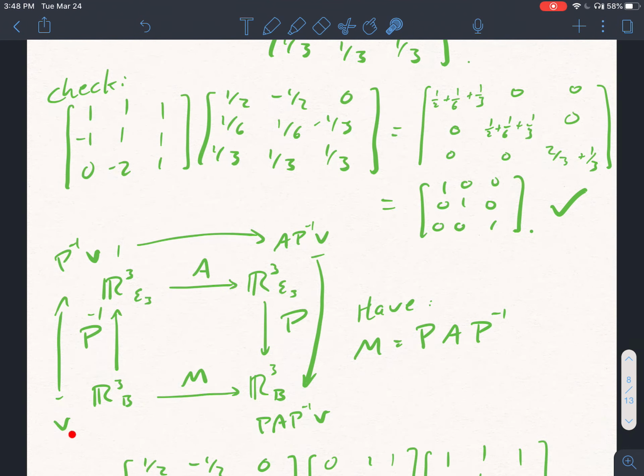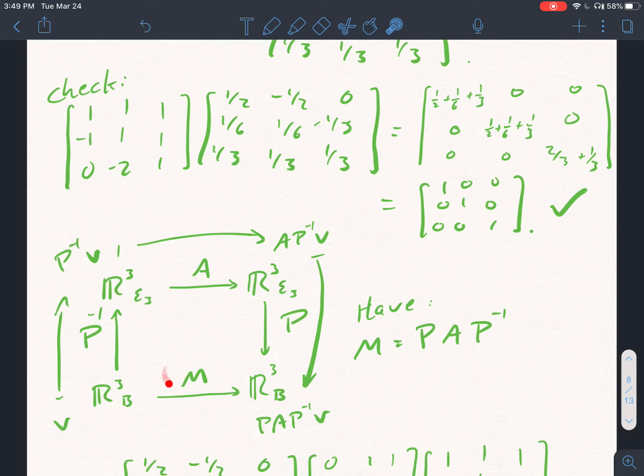So again, my representation here, I'm just writing it's equal to V, goes to P inverse. Then I read right to left and multiply on the left by A, and then I multiply on the left by P to get from my representation with respect to B to my representation with respect to B of f of the vector that you started with here.